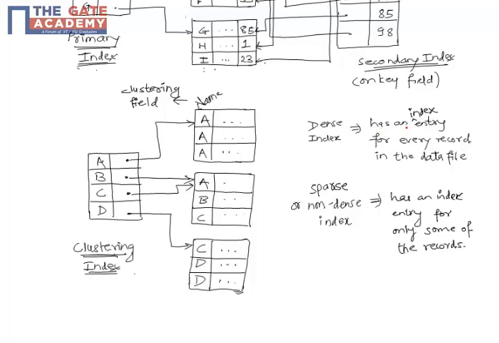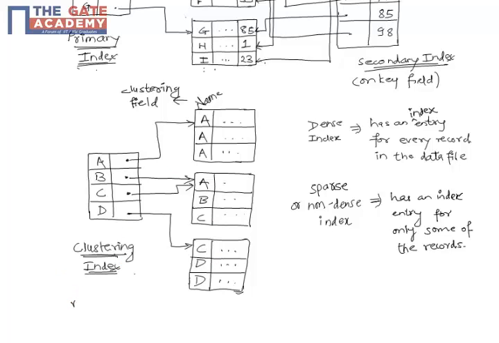Now, we have two types of index, dense index and sparse or non-dense index. We say that an index is a dense index if it has an index entry for every record in the data file, whereas an index is a sparse index or a non-dense index when it has an entry for some of the records, not for all. For example, here, though the records are 9, we have only 4 entries in the clustering index table.